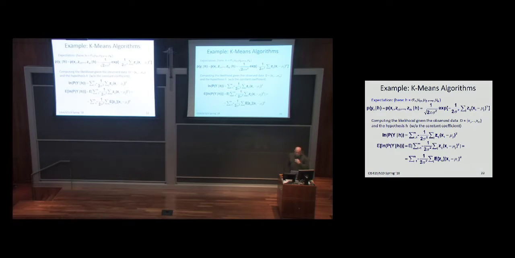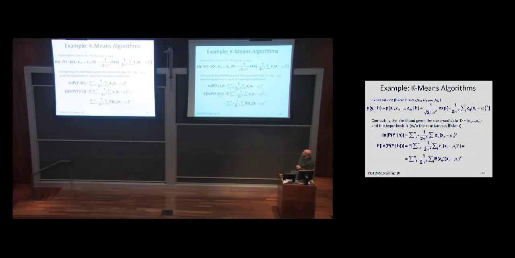Okay? So now that I have this way of representing it, I can compute the likelihood given the observed data, these M examples. And it's just this way. It's the log of P of y given H, summed over all M examples of this expression that I've written above. I'm now taking the expectation of what I had before, and I change the order between the expectation and the sum, just as we did before.